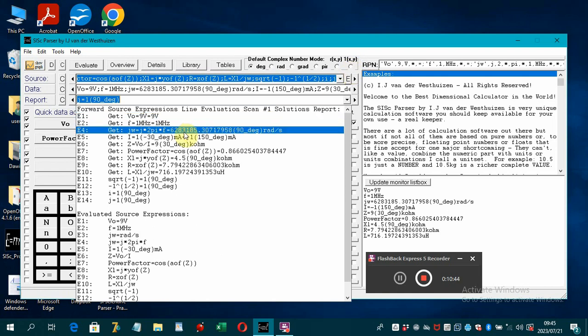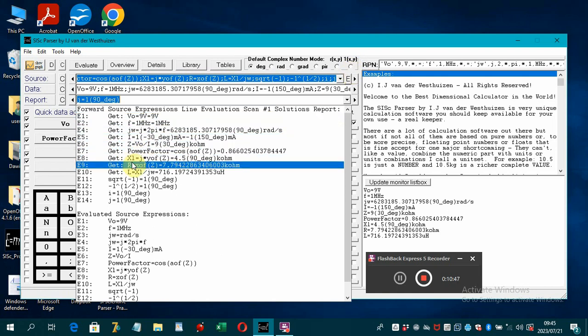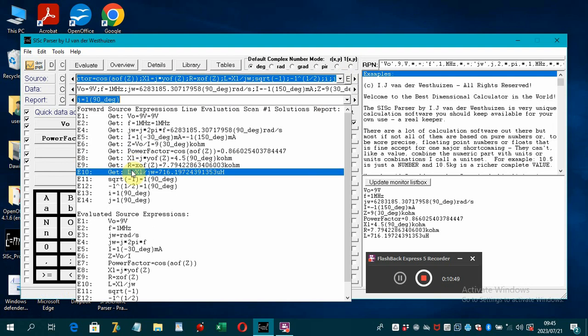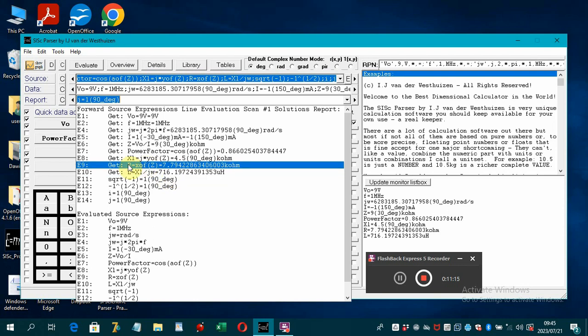So it's just the x and y coordinate basically that you get in this mode. And there I calculate the R value, and then I calculate the L, the coil's value, and you will see it will give it in microhenry. I haven't told it the units of the coil in this modeling. It actually computed that the coil L, if you divide XL with JW, you will get it in microhenry, and that is the correct value of the coil in series with this resistor.